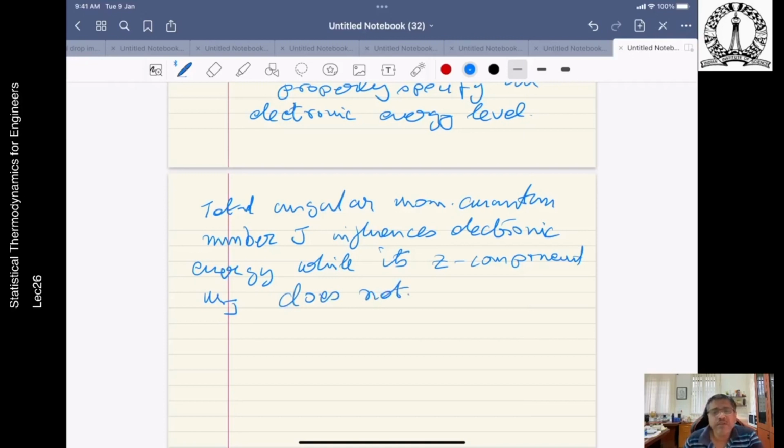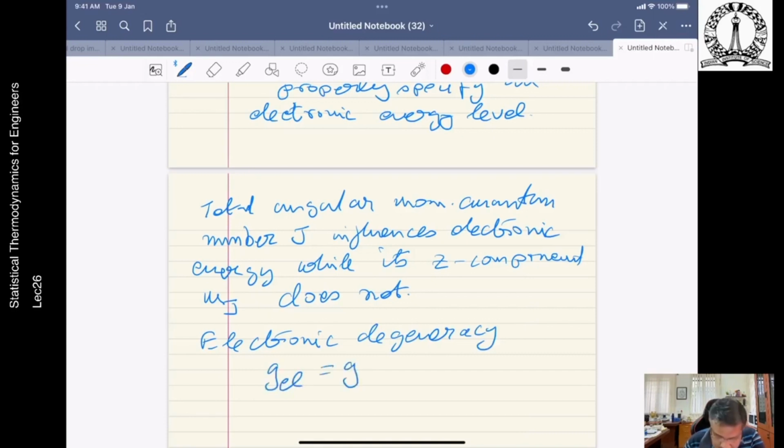The electronic degeneracy g_el equal to g_J is equal to 2J plus 1.